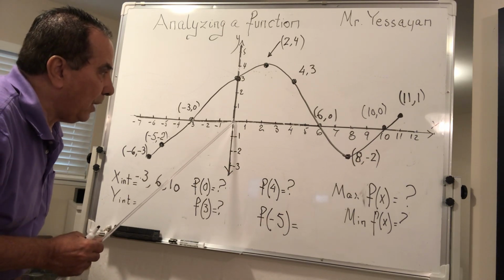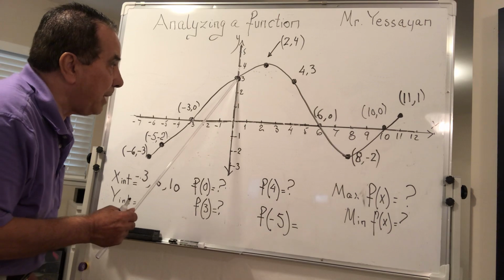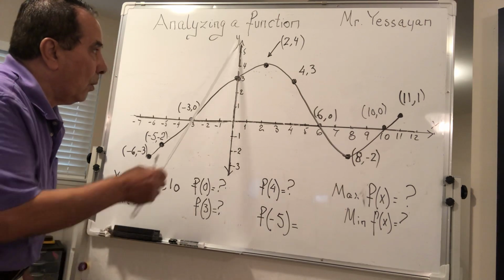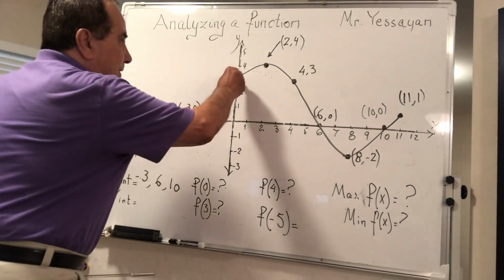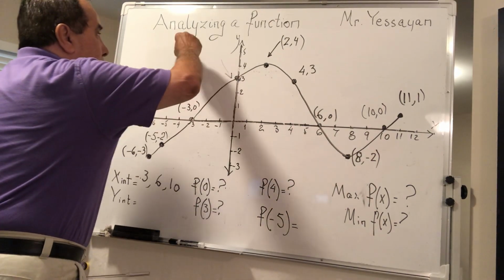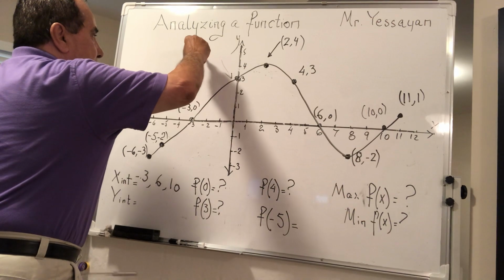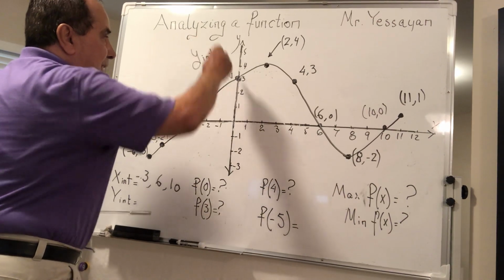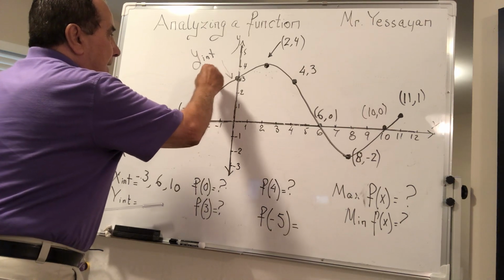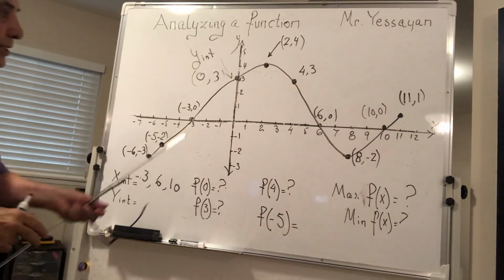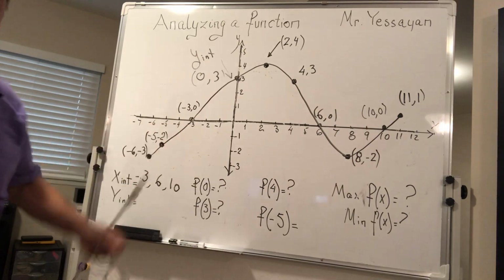Is the function intercepting the y-axis at this point? Yes. And this is where it is. So this is my y-intercept, which is (0, 3). When x is 0, that's the y-intercept.